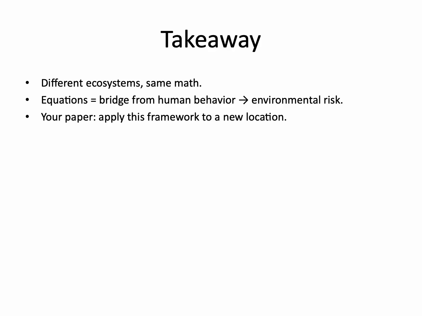And like, oh, this is the equation of Sharifan, Mahdi, and so on. So the equation bridges human behavior to environmental risk. You can see what the environmental risk is, what factors you can bring to it, and how you can characterize the environmental risk in different categories, worst case scenario, best case scenario.